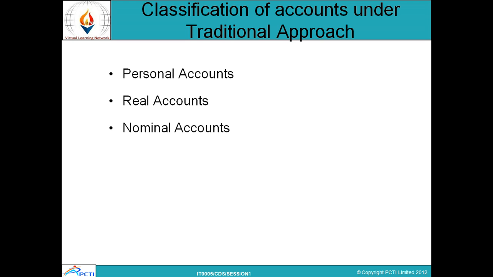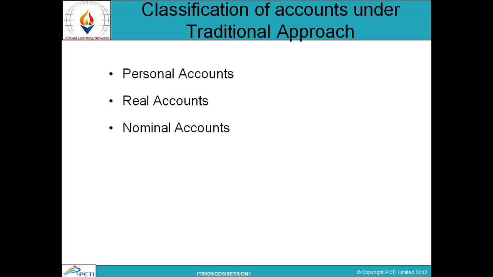As I said, first is personal account. Artificial personal account like Canara Bank account, ICICI Bank account, Bank of India account, right? Outstanding rent account, outstanding salaries account, prepaid rent, all these are your personal account.